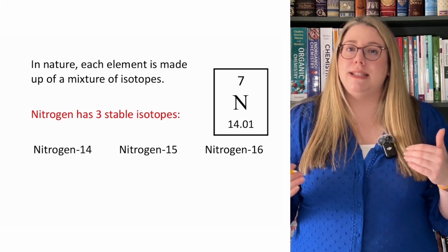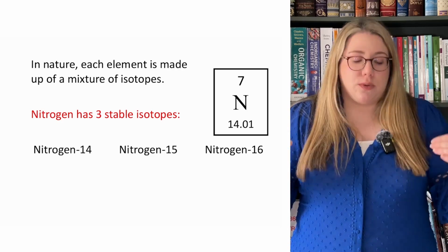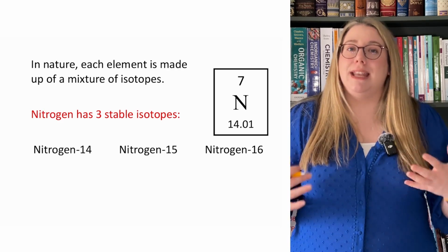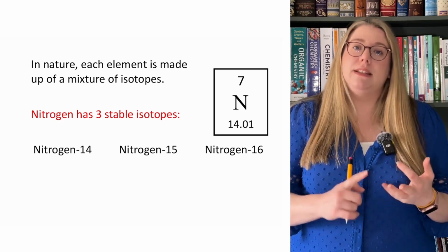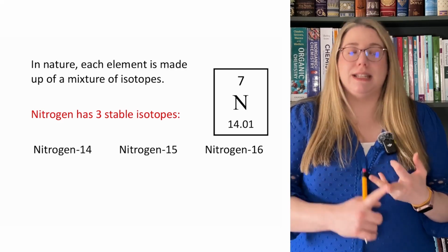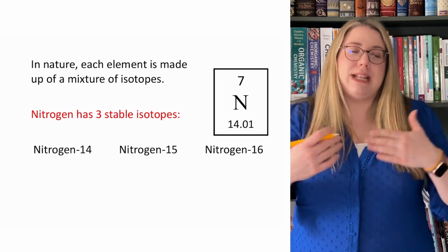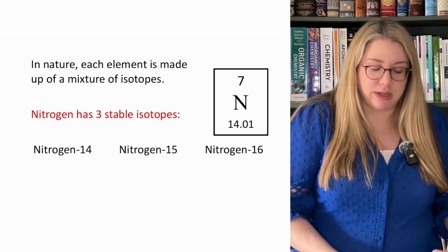We'll come back to this idea in the next lesson when we talk about the relative atomic mass. So the specific example we're going to look at is nitrogen. Nitrogen in nature has 3 stable isotopes: nitrogen-14, nitrogen-15, and nitrogen-16. Now, when we look at the name, when it spells out the name of the element first, that's always going to be the name of the element, so nitrogen.